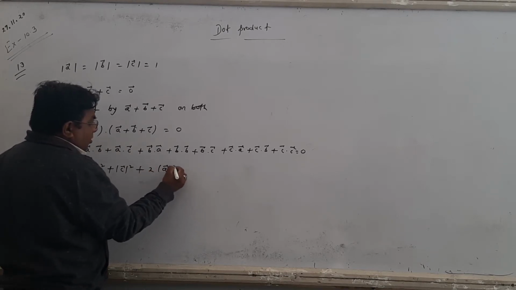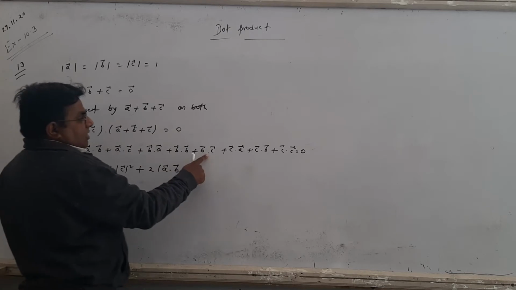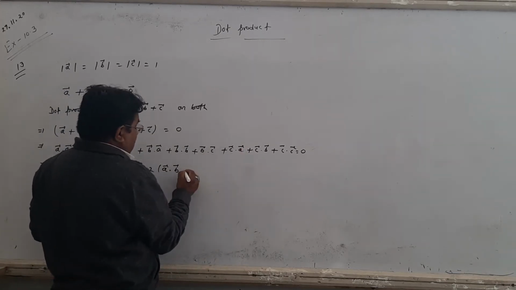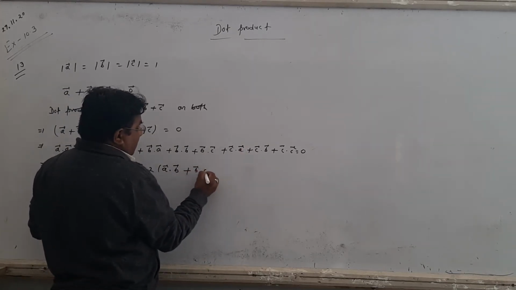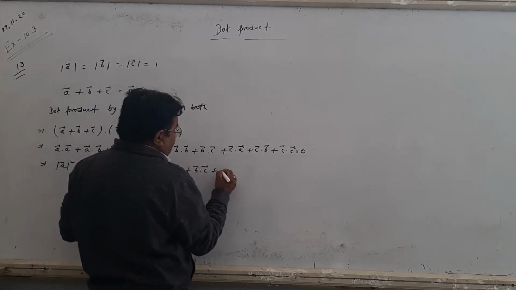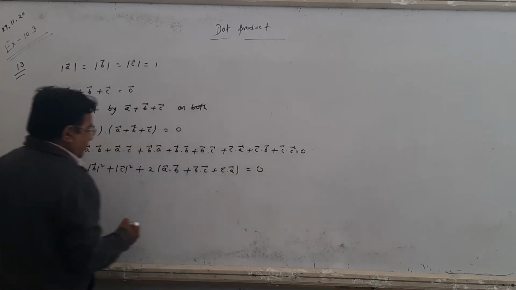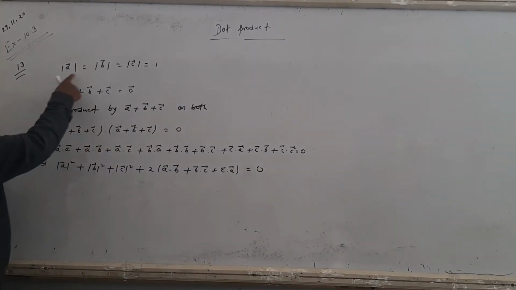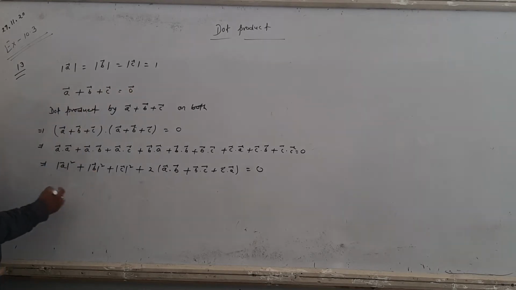Same thing, B dot C and C dot B are equal, that is twice of B dot C. And third thing, C dot A and A dot C are equal, so that is twice of C dot A equals 0. Now the magnitude of A is given 1, magnitude of B is 1, magnitude of C is 1, then 1 plus 1 plus 1, that is 3.